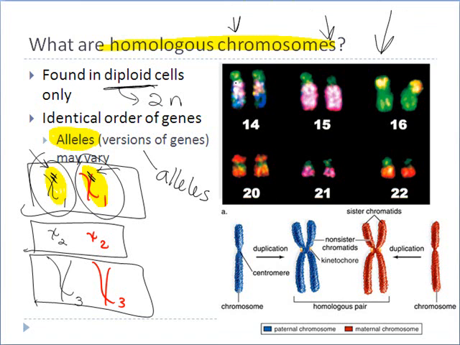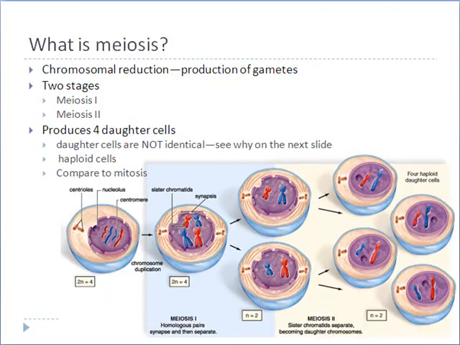And you can see that the staining relates to certain regions of the DNA that are similar, and you can see that there's similar staining between the different homologous pairs, indicating that these two chromosomes have the same genes appearing in the same order, and the same is true here for these two chromosomes, even though the versions of the genes may be different. I hope that's clear. So, why have meiosis?